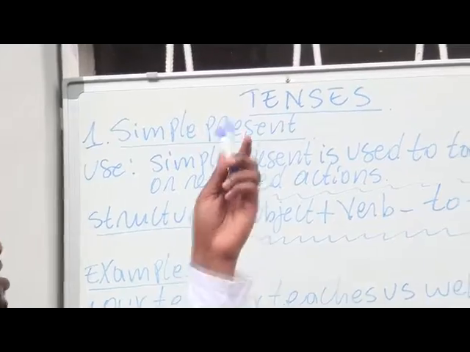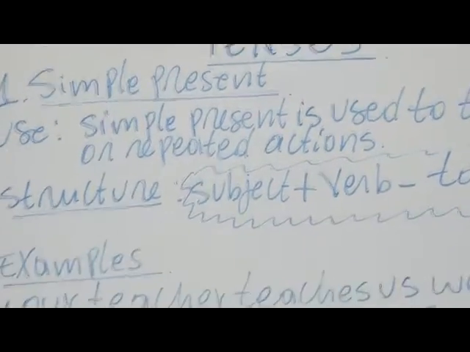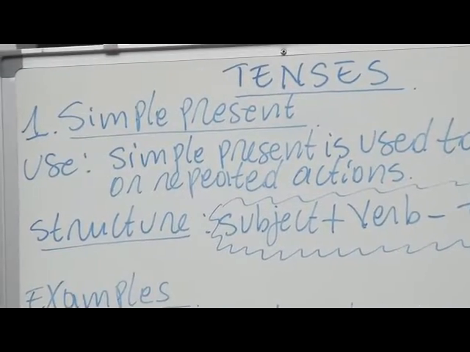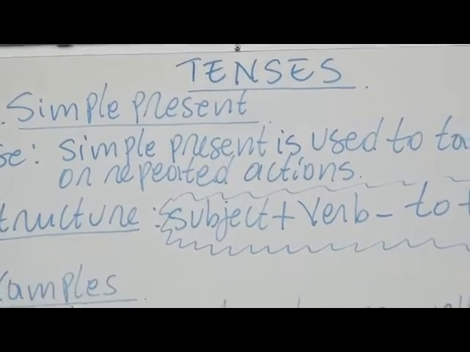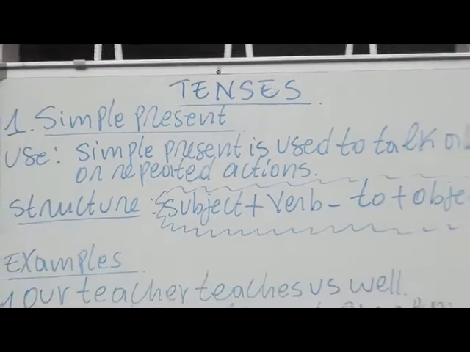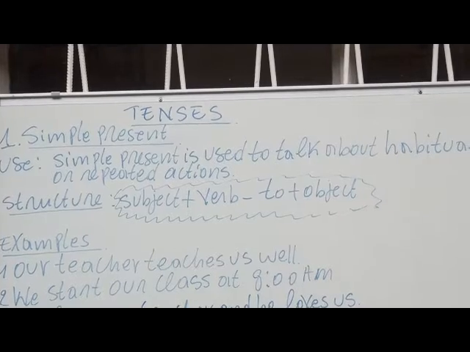Simple present, this is what we are going to see today. Simple present is used to talk about habitual actions or repeated actions. This is a good thing to know.